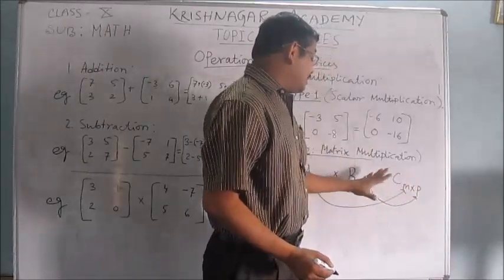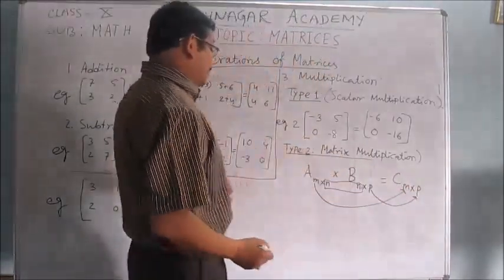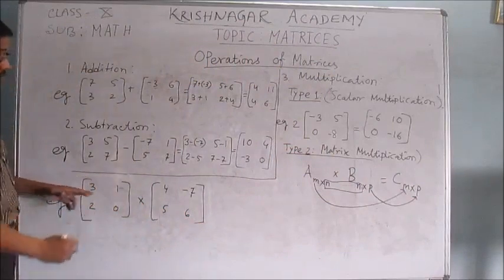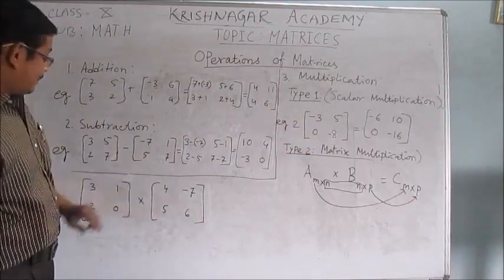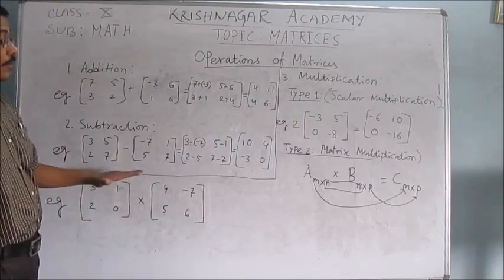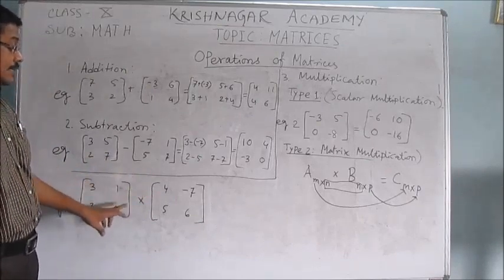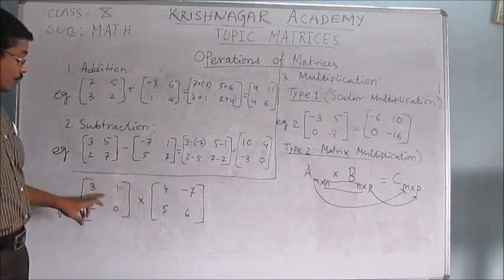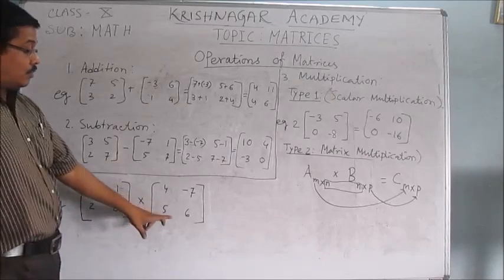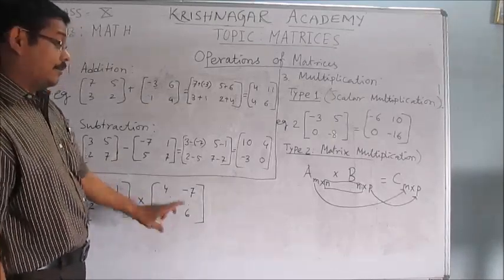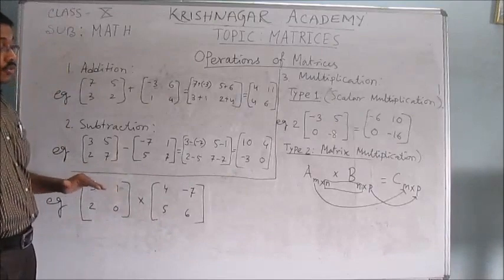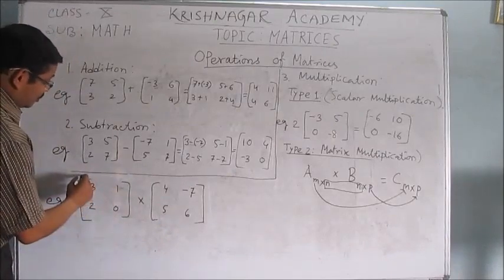Now let us see one example. Here I have taken two matrices, and what will be the procedure of multiplication? Here you see both the matrices are of the same order. Number of columns of the first matrix and number of rows of the second matrix are same. Now what is the procedure of multiplication?